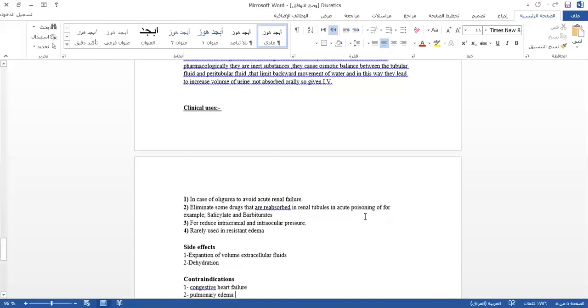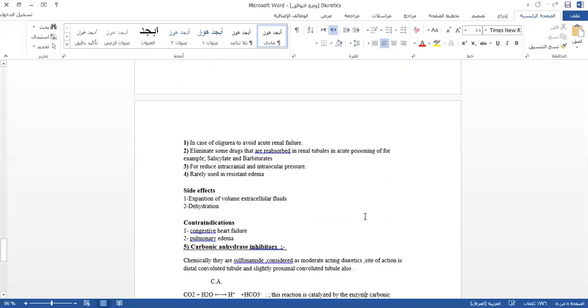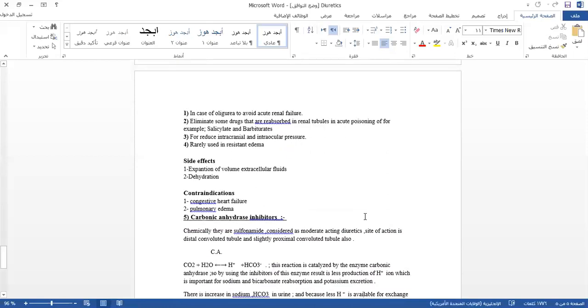Because of the expansion of extracellular fluid volume, it is contraindicated in congestive heart failure and pulmonary edema, leading to worsening of their condition.